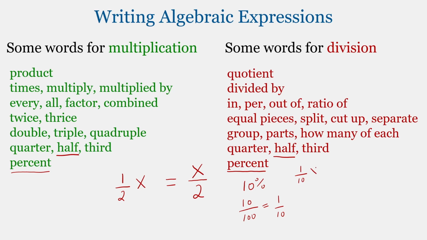So 1/10 x if we found 10% of x, which is equal to x over 10. Again, we have both multiplication and division. Multiplying by 1/10 or dividing by 10. We can also multiply this by a decimal. 10% is the same as 0.10, and we multiply that to x.